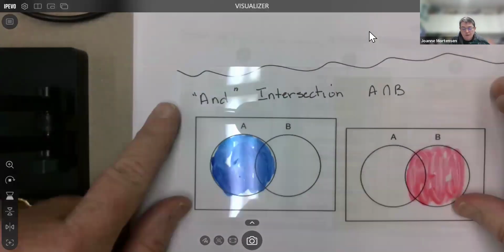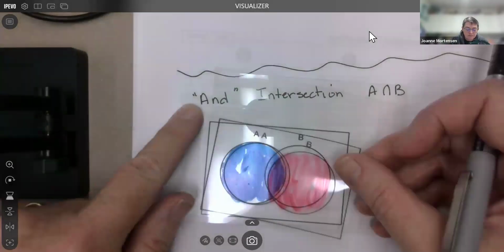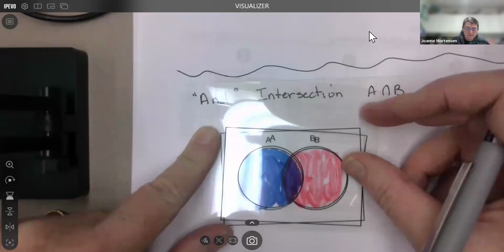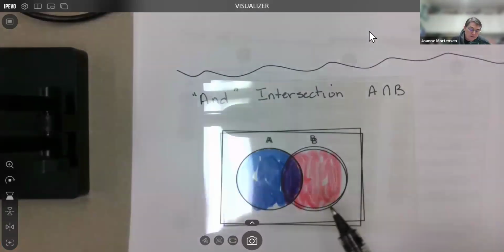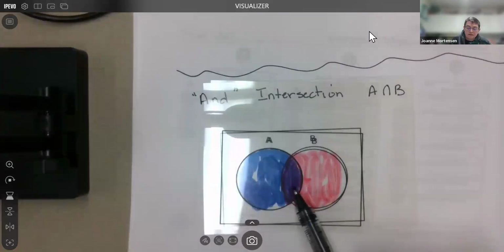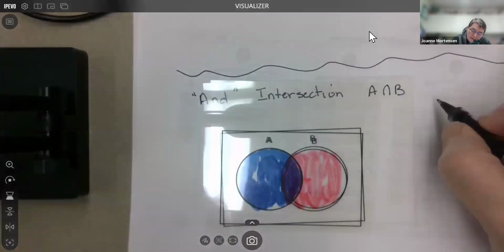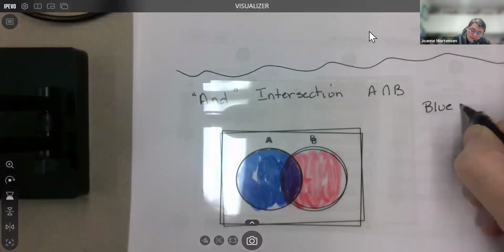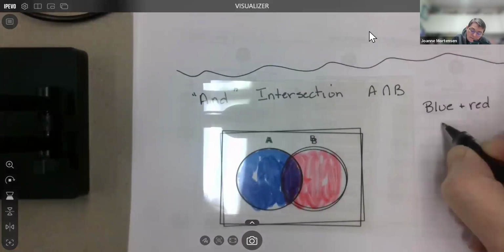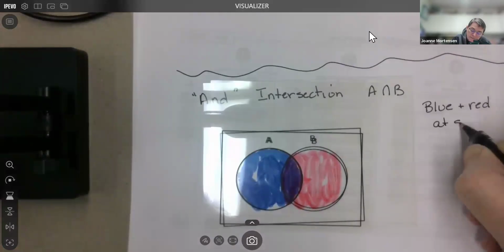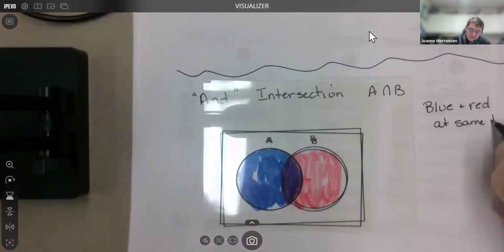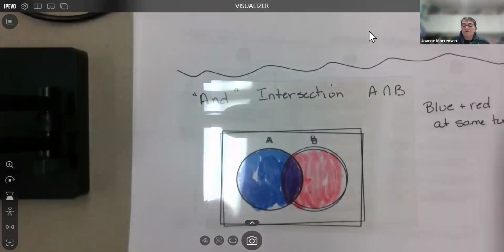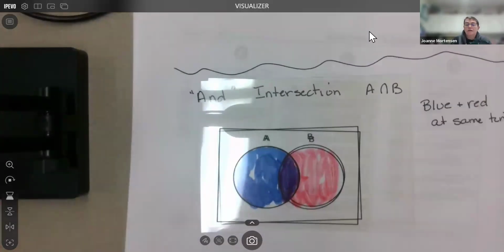So when I superimpose these, you can see that the intersection is that chunk right there. It has to be blue and red at the same time. I called that purple above, but all right.